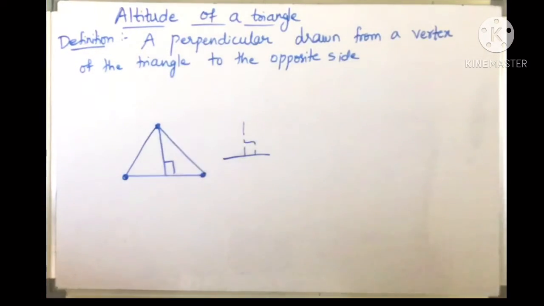Perpendicular drawn from a vertex of the triangle to the opposite side.